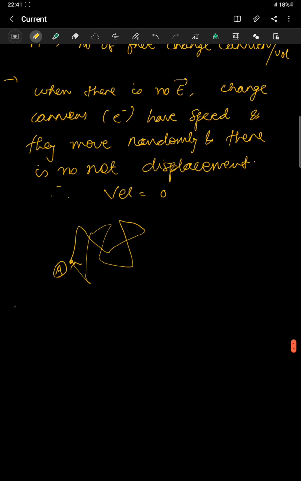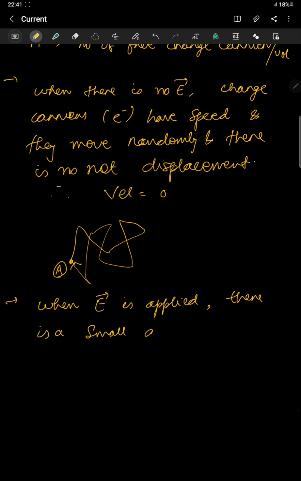But the situation changes when an electric field is applied. There is a small displacement, which implies velocity is not equal to 0. That means it starts from here, goes in a zigzag manner, and ends up somewhere here.